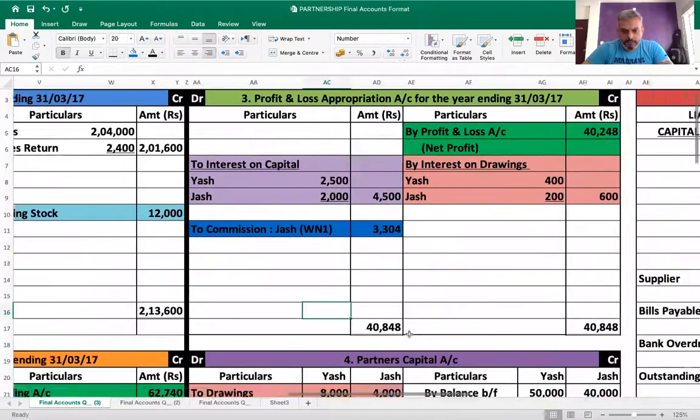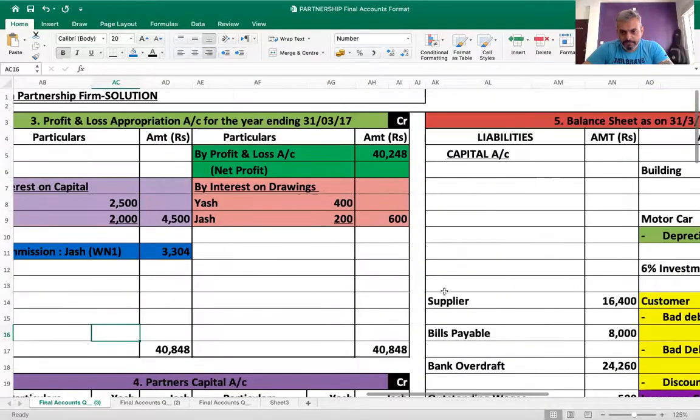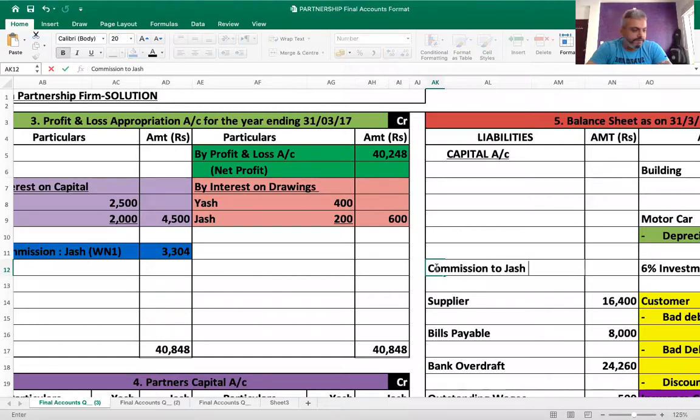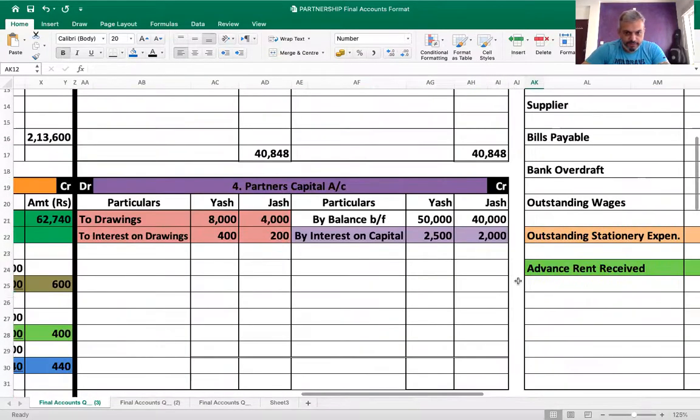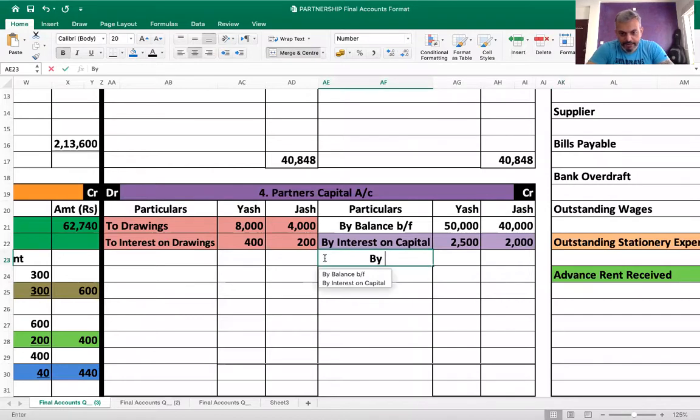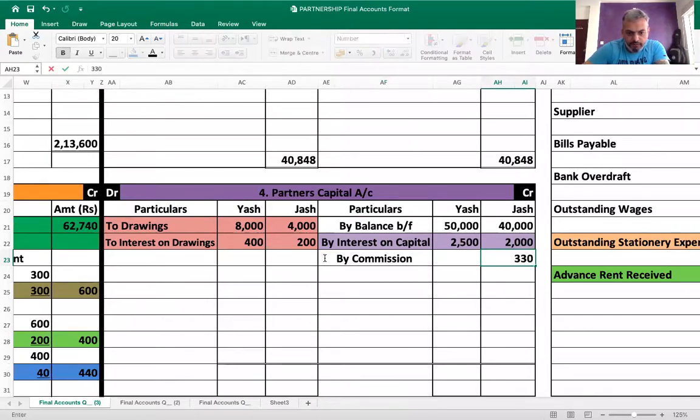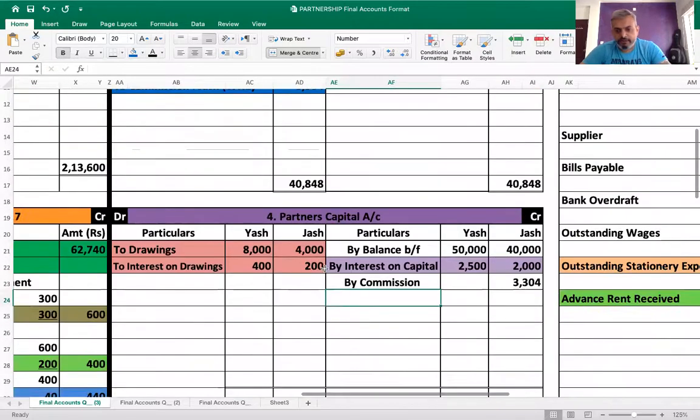Commission we have to pay to Josh. So commission to Josh, or you can say outstanding commission to Josh, or partners commission है, तो why don't we transfer it to partners capital? Yeah, by commission Josh. कितना आया उसका कमीशन? 3304. 3304 बिकॉज पार्टनर है, मैनेजर होता तो लायबिलिटी साइड जाता, he is a partner.